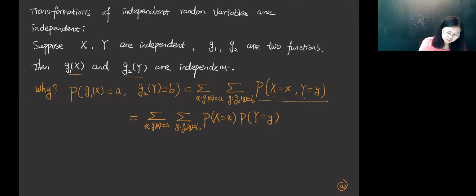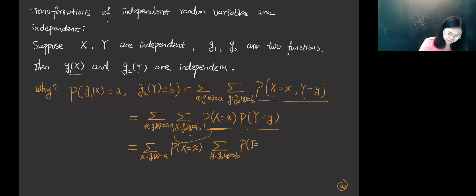Now notice that this is of a product form. So the probability x equals little x can be factored out of the summation over y because that part doesn't depend on y. Therefore, we have the sum over x of p of x equals little x, times the summation over y, with g2 of y equals b, of p of y equals little y.